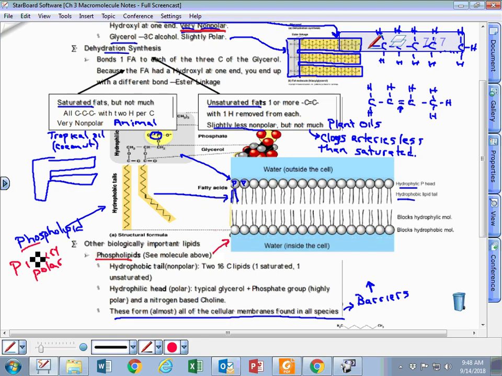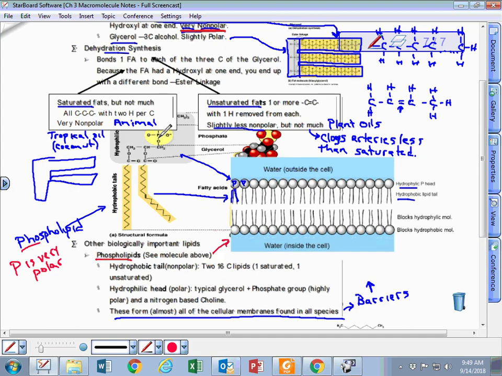The phospho part refers to this yellow thingy up here, which in the middle of it is a little P because that's a phosphorus. That's an addition that you only see on these F-shaped ones, and it makes them weird.